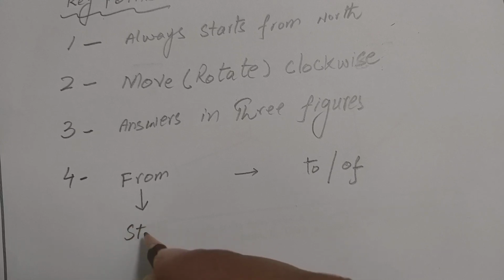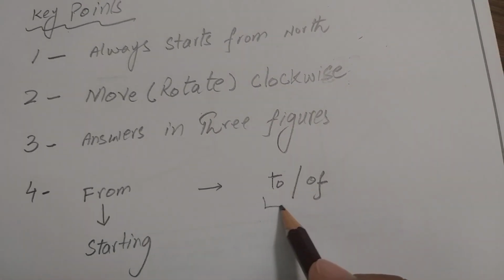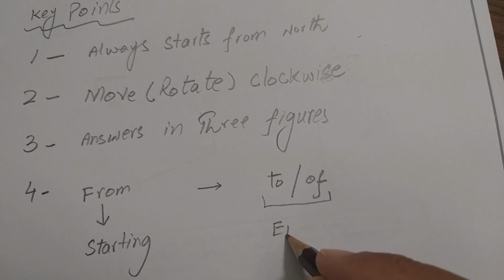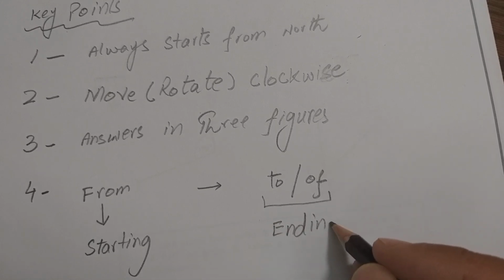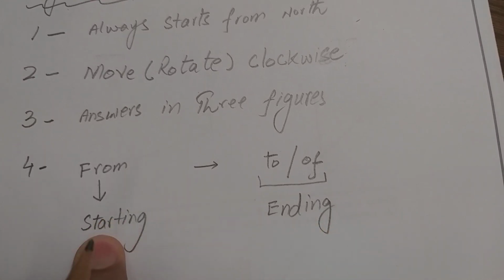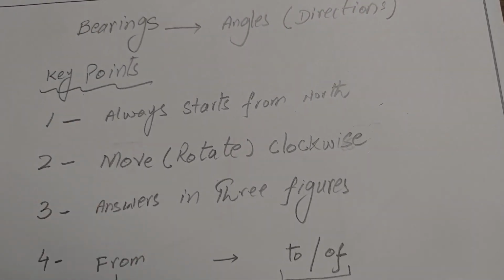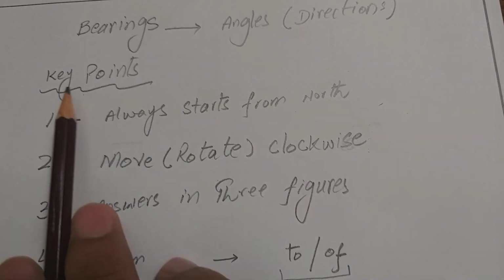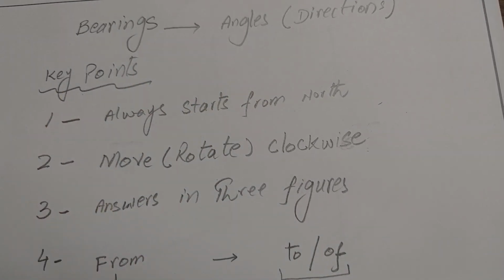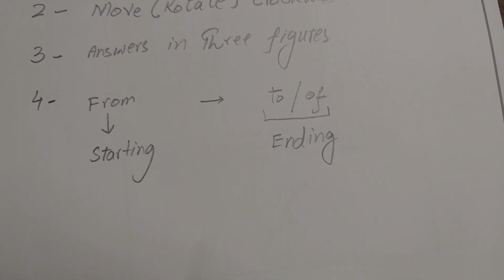So this is the starting point, and these two are the ending point, where you stop your journey. So these are a few key points about bearings. If you keep them in mind, bearings will be very easy for you, and these points help you find the angles and direction. Let's see some examples.